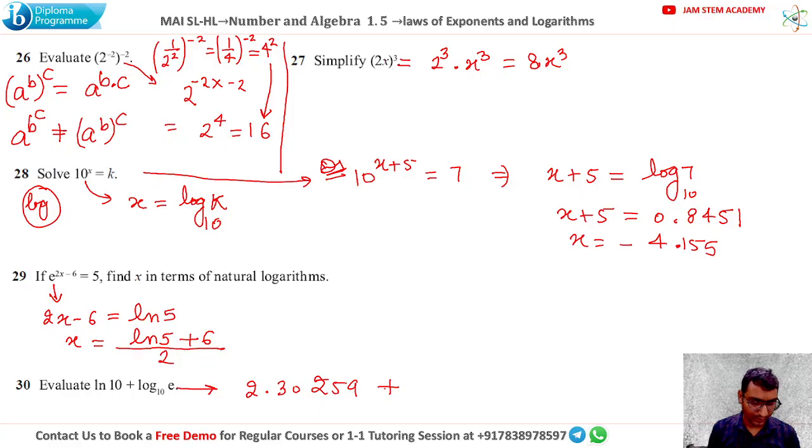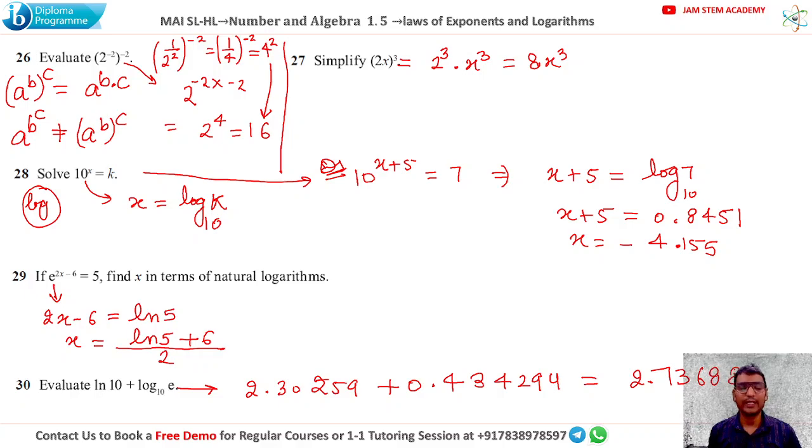So put it here. I'm getting 0.434294. Now add these two numbers. When I add these numbers, I'm getting 2.73688. That's the numerical value.